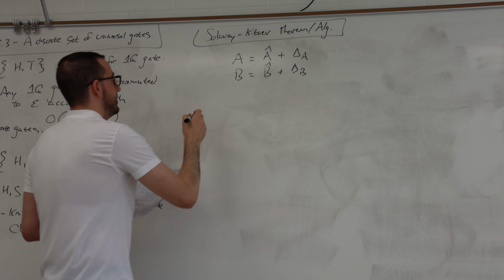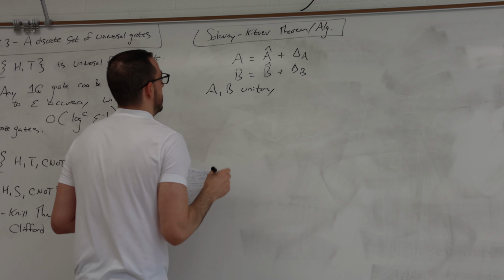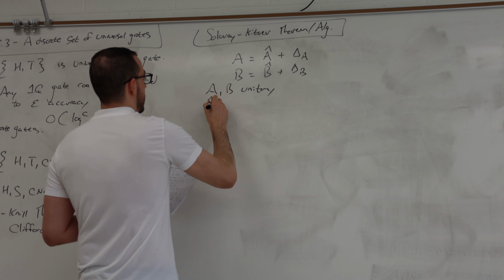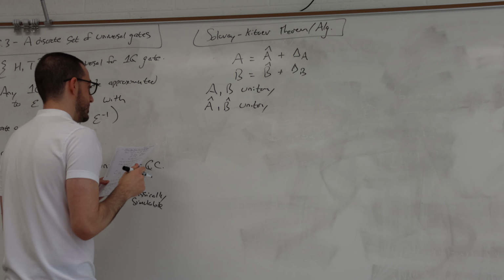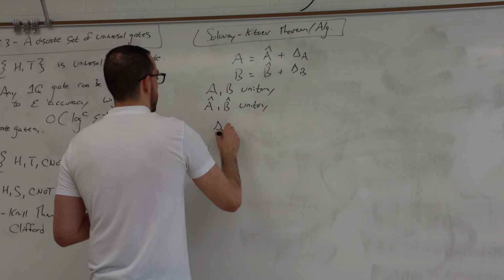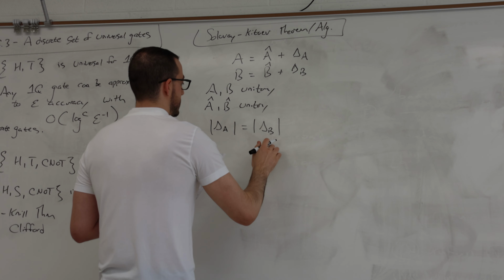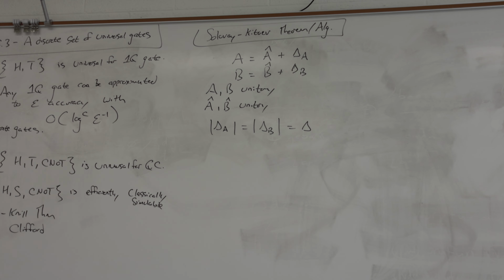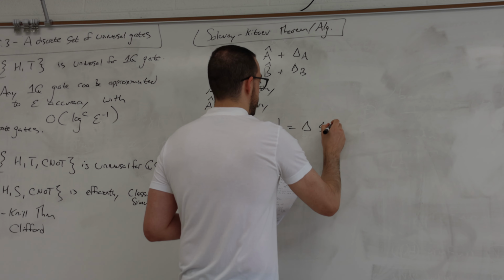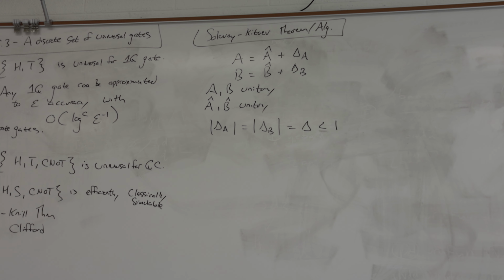We're going to have A and B be unitary, and further A hat and B hat be unitary. And then this error term, delta A, will be the same in norm as delta B, which we'll just call both capital Delta. And this will be some error that we want to be less than 1. Okay?